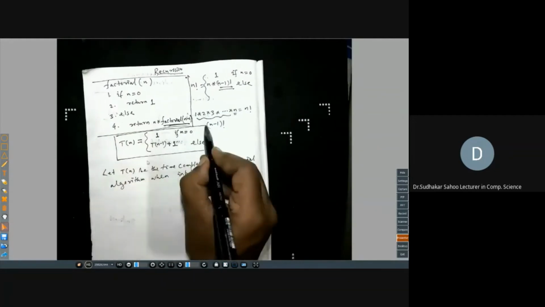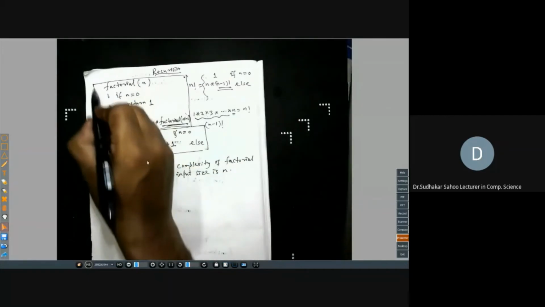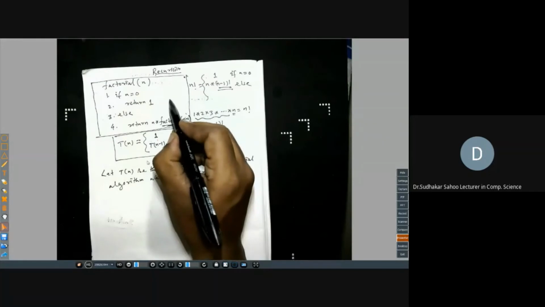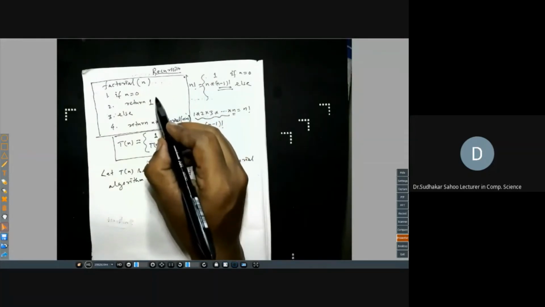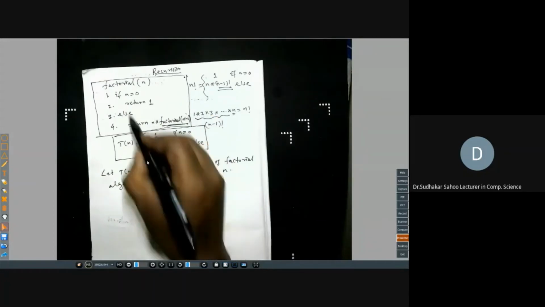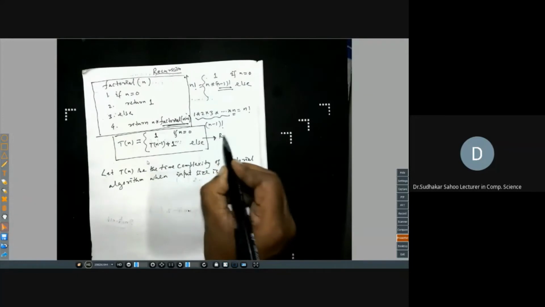So this is how you get one equation from a recursive algorithm. First develop a correct recursive algorithm for your problem. Then that will give you an equation which we call a recurrence equation.